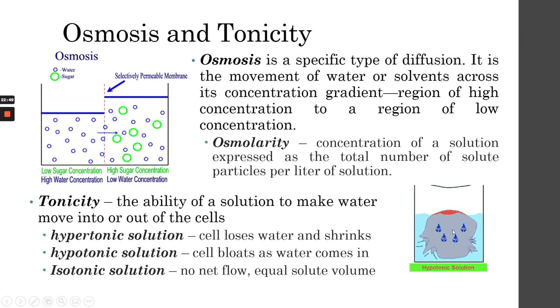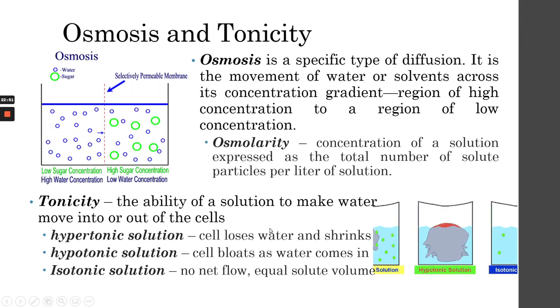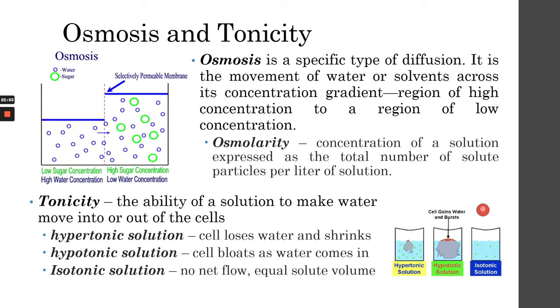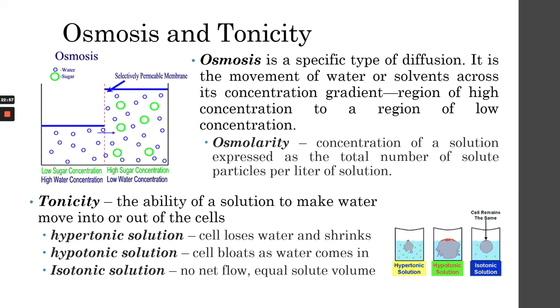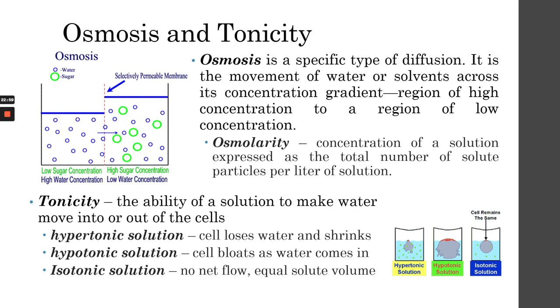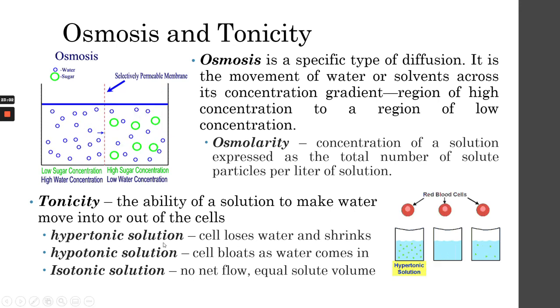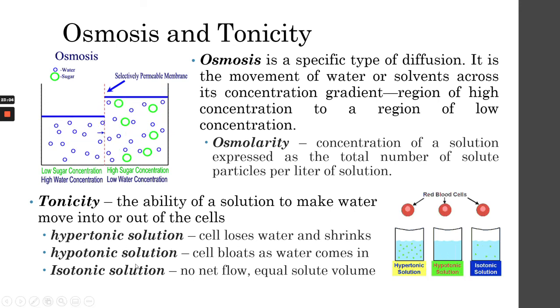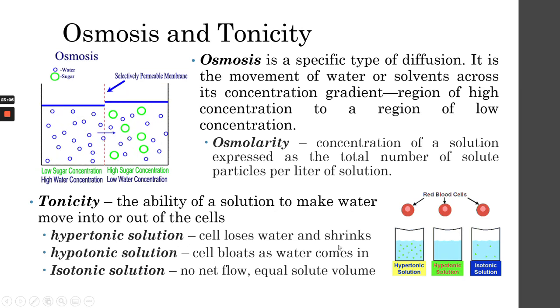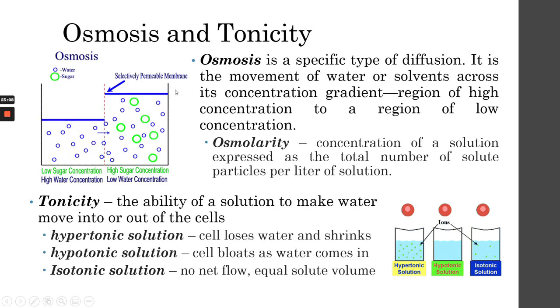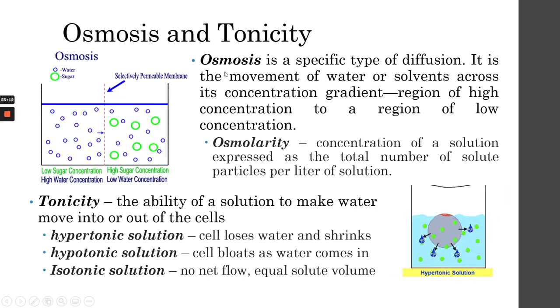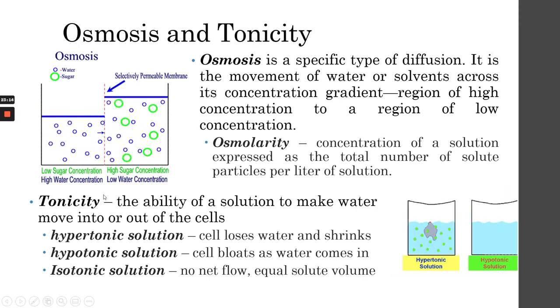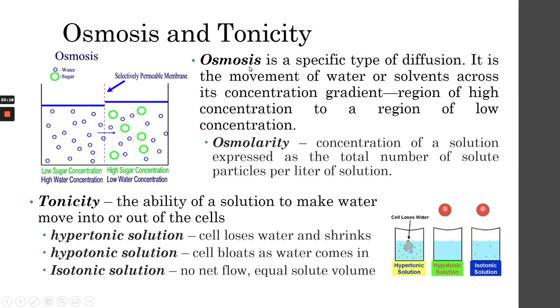So, papasok yung solution dun sa cells ninyo and that will rehydrate you and that will help on your loose bowel movement or on your diarrhea and on your vomiting. So, that's one example on how these solutions are very important in maintaining the balance of the cells. That is just a real life application in the medical field of tonicity or osmosis in practice.